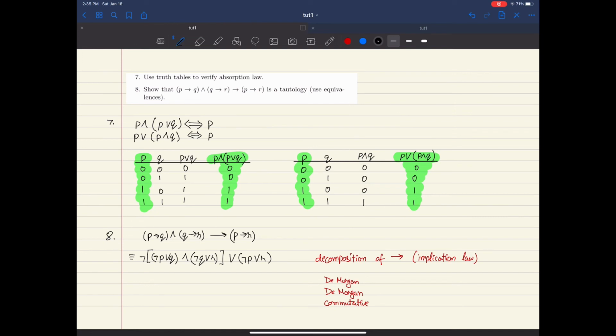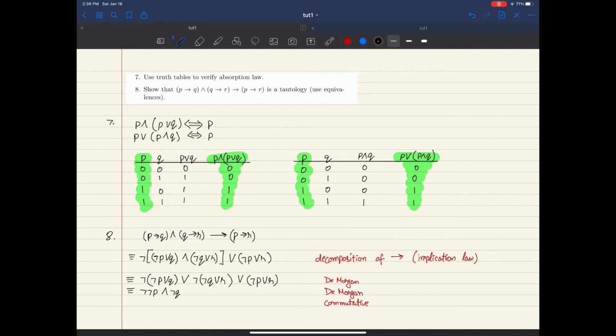Now we use De Morgan's law to take the negation sign inside the brackets, and when we do that, we switch all ands to ors. So it becomes not of (not P or Q), or not of (not Q or R), or not P or R. We use De Morgan's law again, and we take the negations even further down into the brackets.